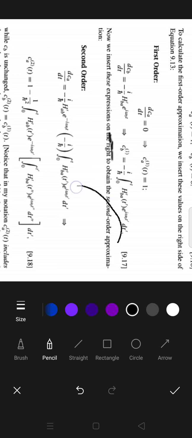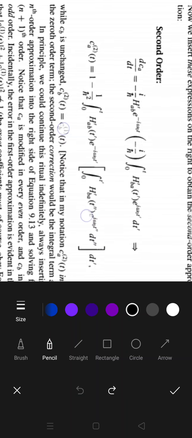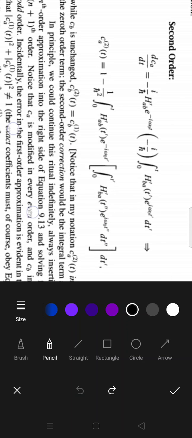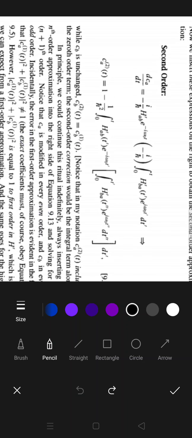Insert that Cb term here, and then you get the second order correction, as in time independent perturbation theory. If you do the integration on both sides, you will get this expression. Just do the integration.